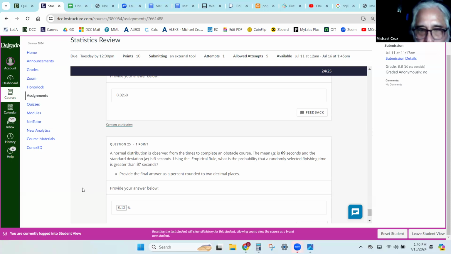So a normal distribution is observed from the times to complete an obstacle course. The mean mu is 69 seconds and the standard deviation is 6 seconds. So using the empirical rule, in other words, we calculated before, and as I remember, this was 3 standard deviations.